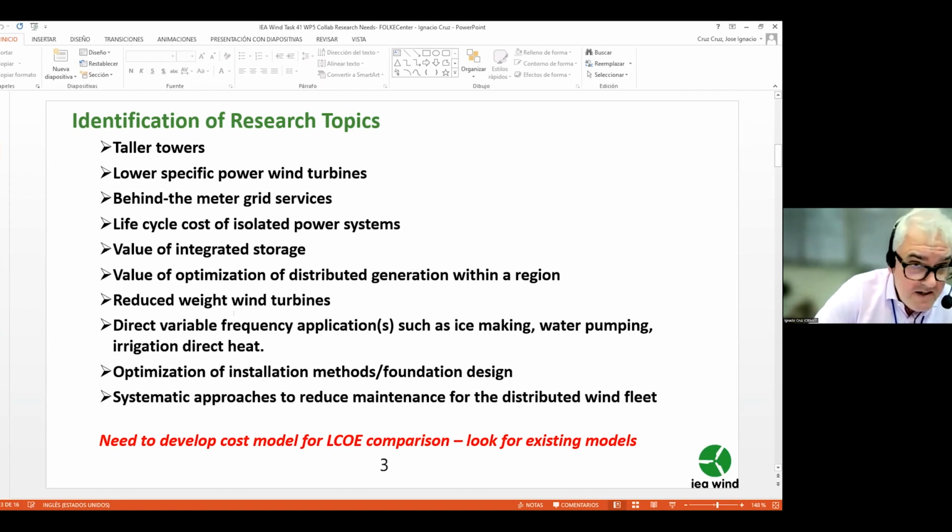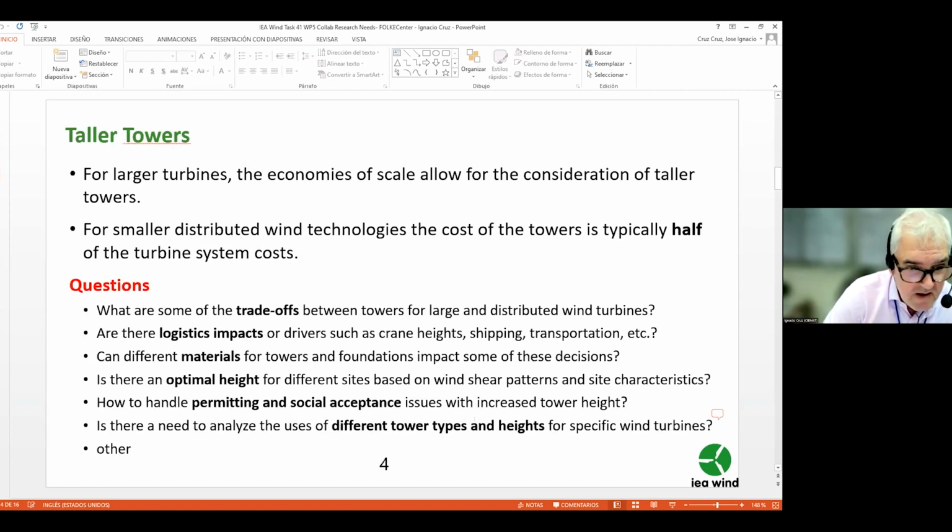But all these research topics need cost models for LCOE comparison in order to see what strategies are good or maybe not for the future.